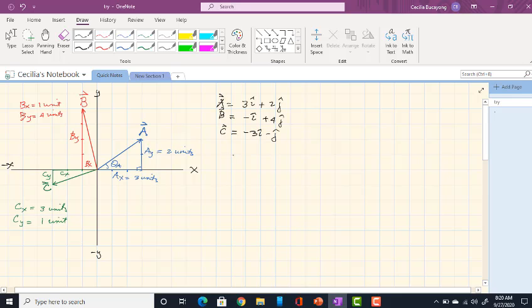Then how about how to compute our vector A plus B plus C? Or let's consider first two vectors. Let's add two vectors at a time.